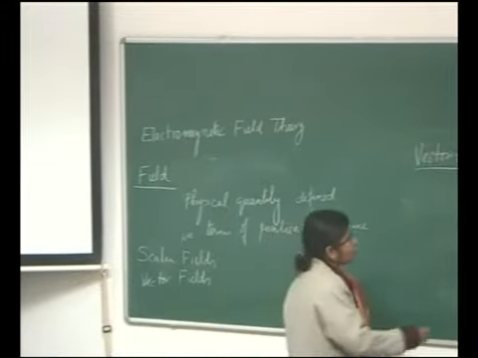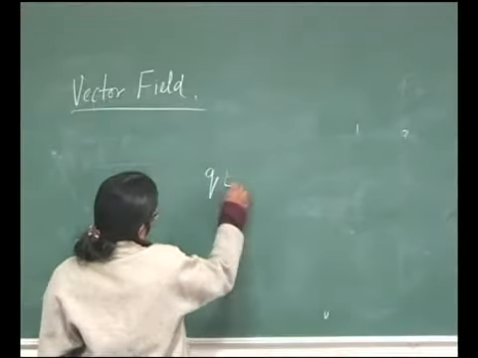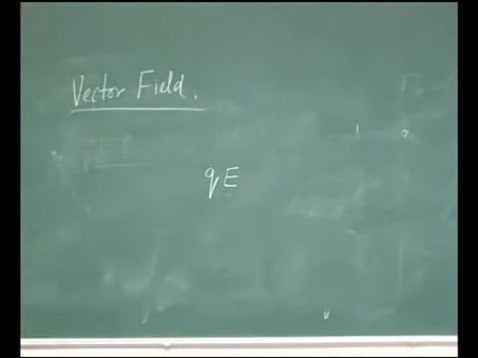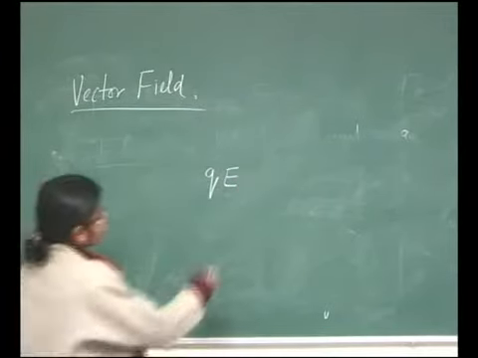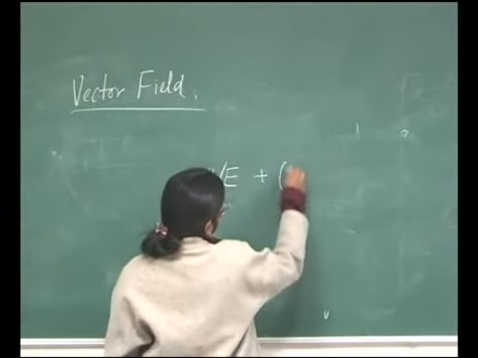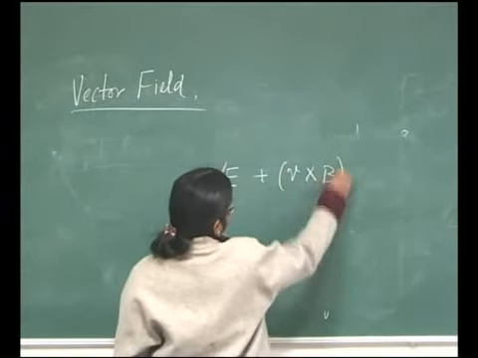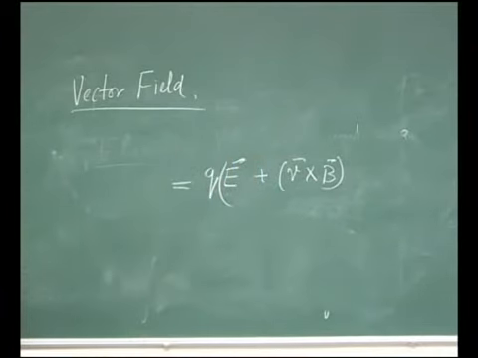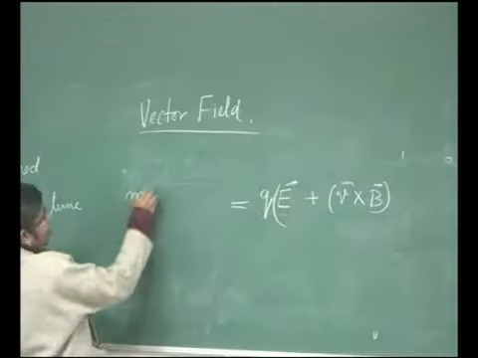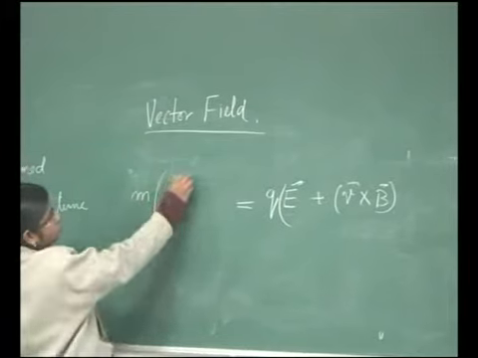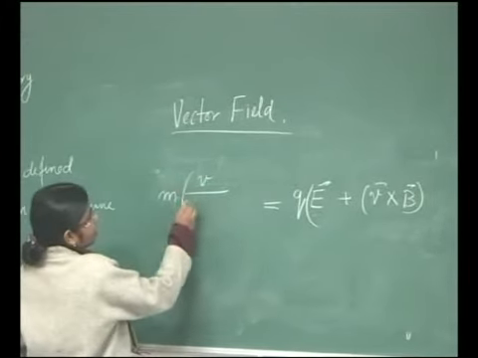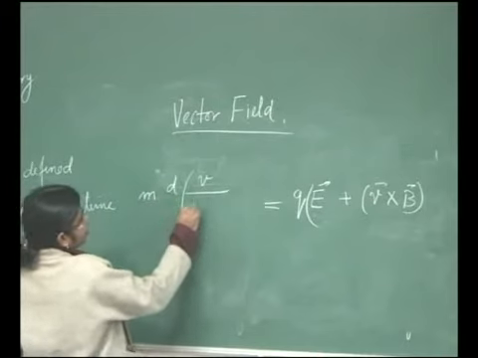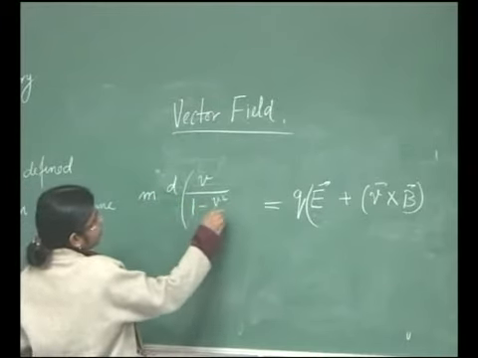I know that the force on a moving charge is generally given by Q(E plus V cross B), and this can be written as the rate of change of momentum, with M times V over the square root of 1 minus v square by c square.